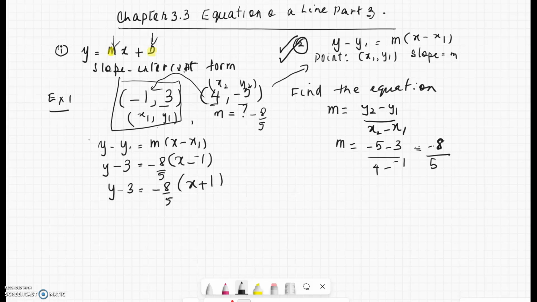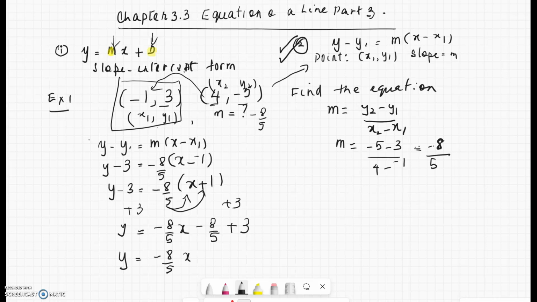Now we could put this equation in the slope-intercept form, which means we need to solve for y. Solving for y would mean adding a 3 on both sides. So y is equal to -8 over 5x minus 8 over 5. We are distributing the -8 over 5, and then of course we add 3. So y is equal to -8 over 5x.